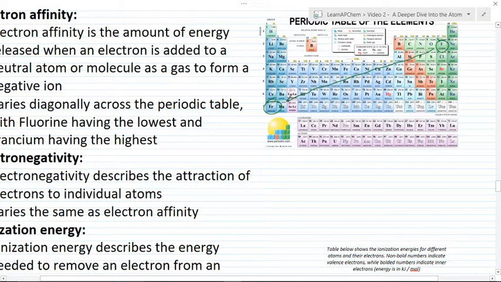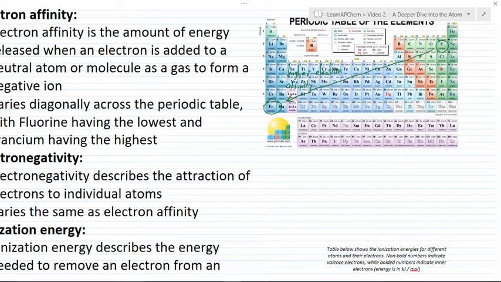So we have this diagonal trend. As you go down and to the left, we have higher electron affinity.